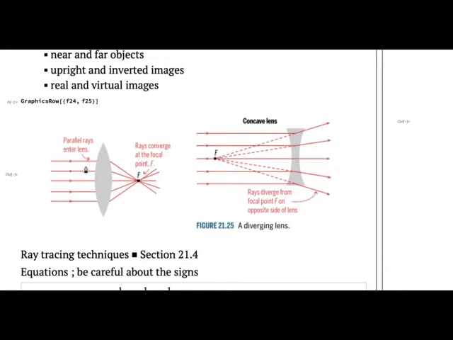Parallel rays enter the lens, are bent by refraction twice, once at each surface, and a group of parallel rays all go through the same point, which is called the focal point. So that's called a convergent lens because the light on the other side of the lens is converging to a point.